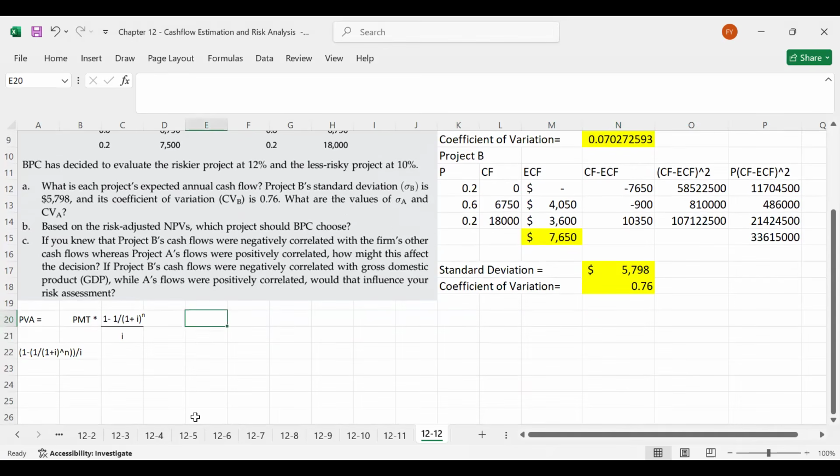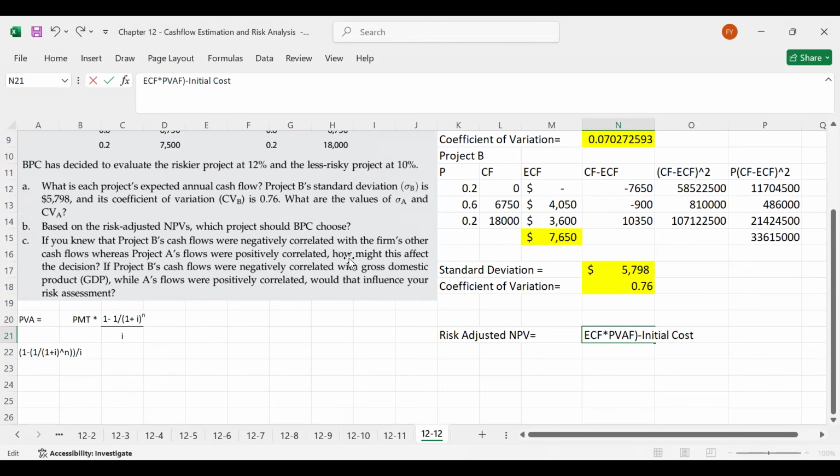Here we are going to calculate the risk adjusted NPV, and we have the expected cash flows multiplied by the present value of annuity factor, and then we will deduct any initial cost.